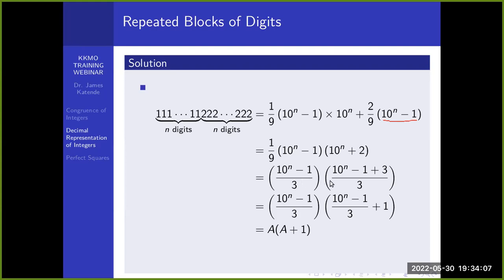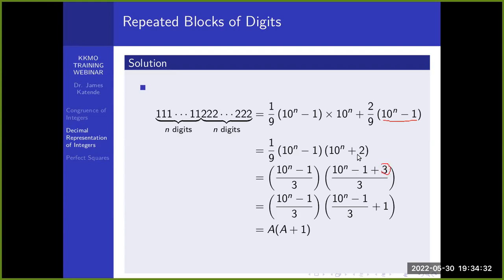So you can rewrite this as 10 raised to n minus 1 over 3, where you pick one of the 3's from this 9. So this number will be an integer because it will be divisible by 9, right? Then this will also be an integer, which is divisible by 3, plus another integer divisible by 3.